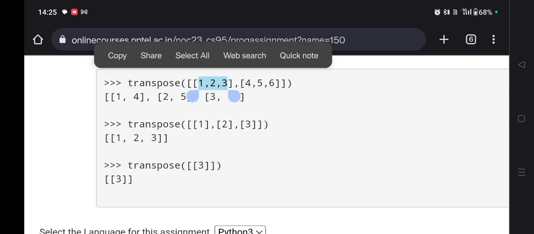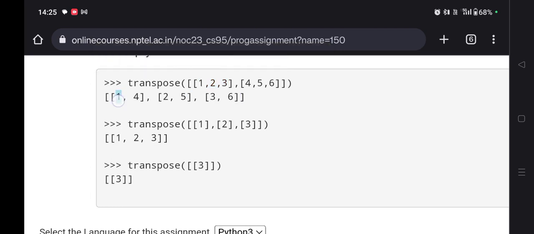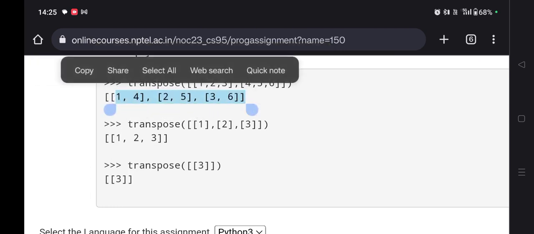It means that our row count will also be 3. In the transpose the rows will be 3, 1 2 3. I think you understand. So the total number of rows is 3.